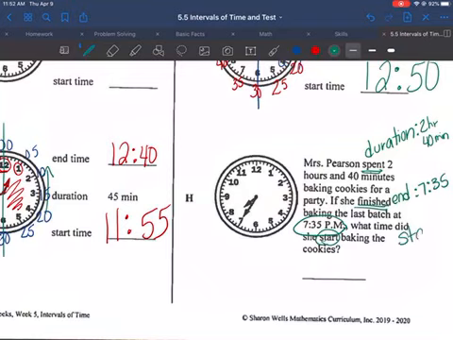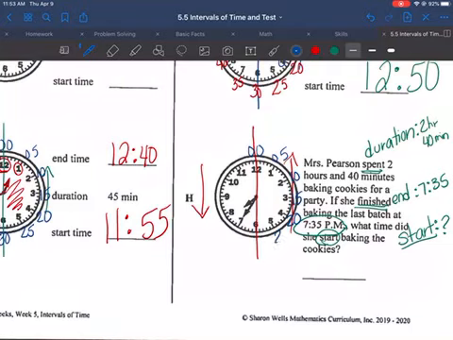So we're looking for start. First thing, I'm going to cut the clock in half. Right goes up, left goes down. I'm going to start with my minutes. 25, 30, 35, 40, 45, 50, and 55.